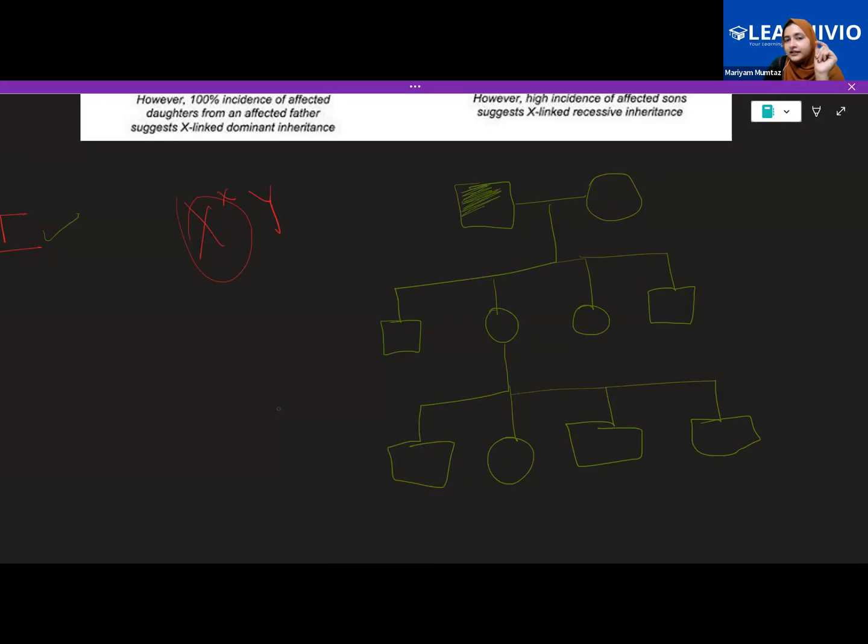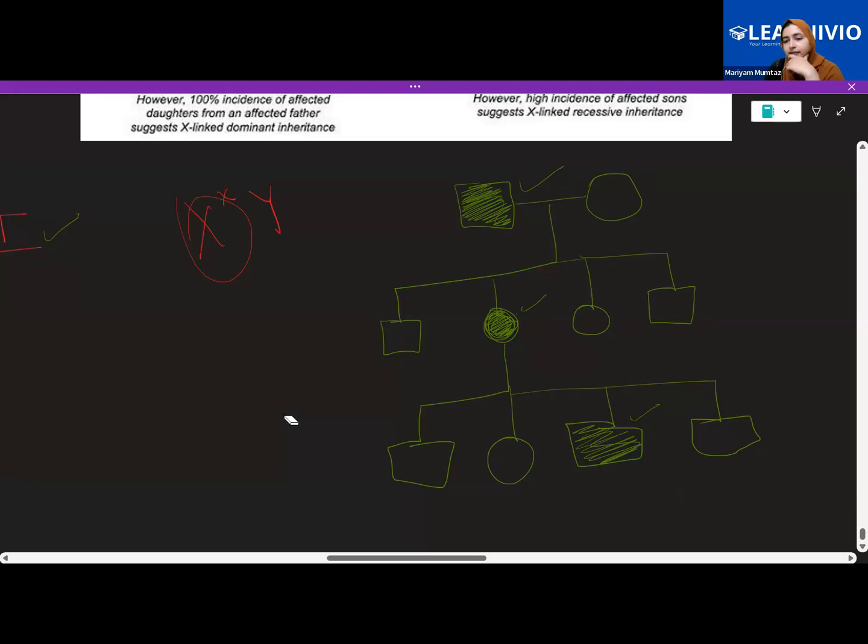For example, here the father is affected. From the affected father, you have the affected daughter. Now, from this affected daughter, you have the affected son of this daughter. So, from father to the daughter to her own son. This is crisscross inheritance. Now, you would say that this is X-linked.